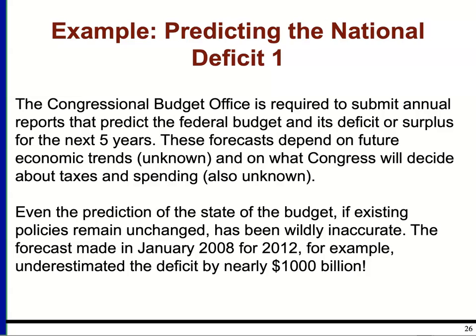So even though they're required to make a prediction for the next 5 years, that's based on policies remaining unchanged, and that is so unreasonable for us to expect. And so the forecast that was made in January 2008 underestimated the deficit by nearly $1,000 billion. That's a tremendous amount of money. That's $1 trillion. And nobody could have predicted what was going to happen in the economy.